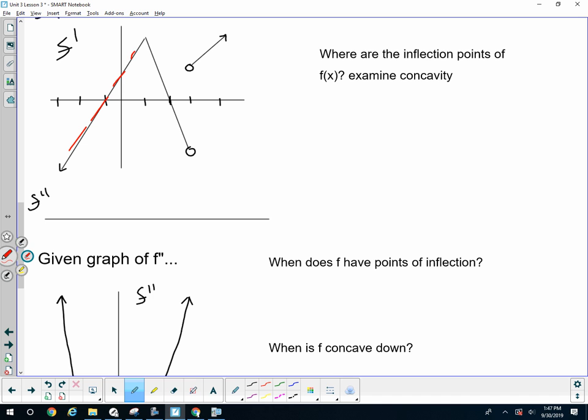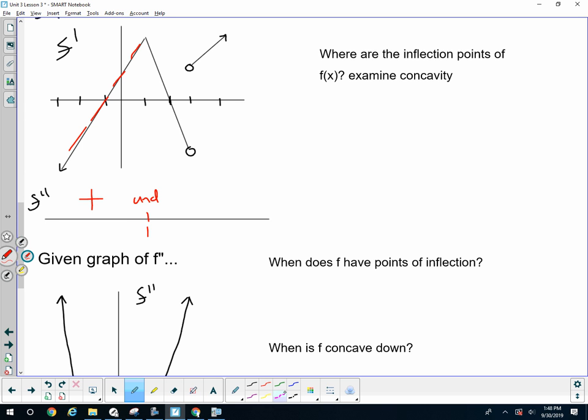Positive, positive, positive, positive, until I get to 1. What would we say is the value for f double prime at 1? Undefined is correct. It is not 0. Because it's a sharp point.